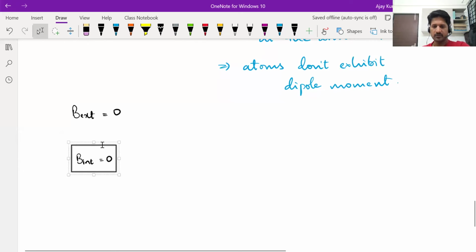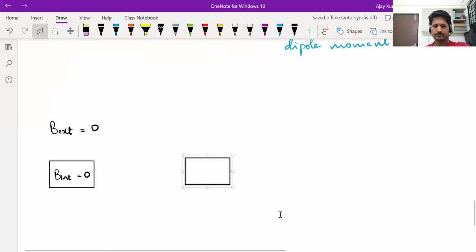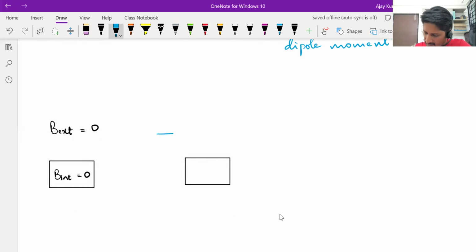Fine. Now suppose this kind of material is placed in a non-zero external field. Listen to this carefully. Assume we switch on an external magnetic field towards the right.